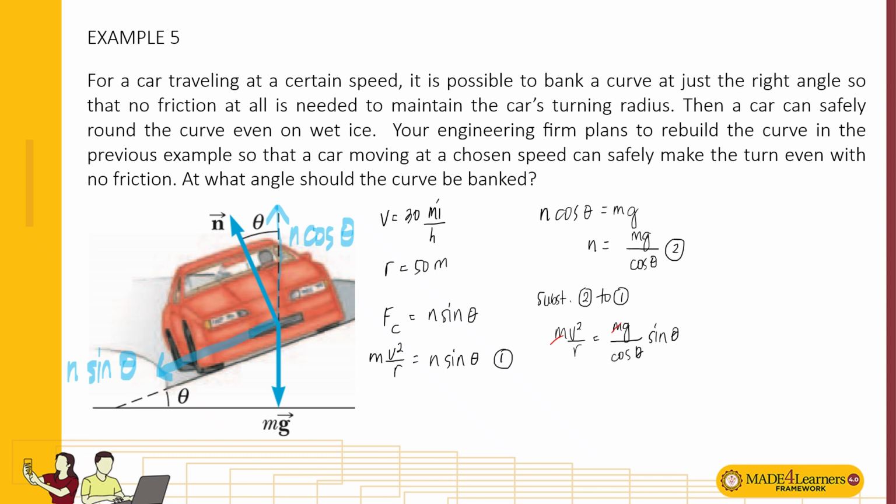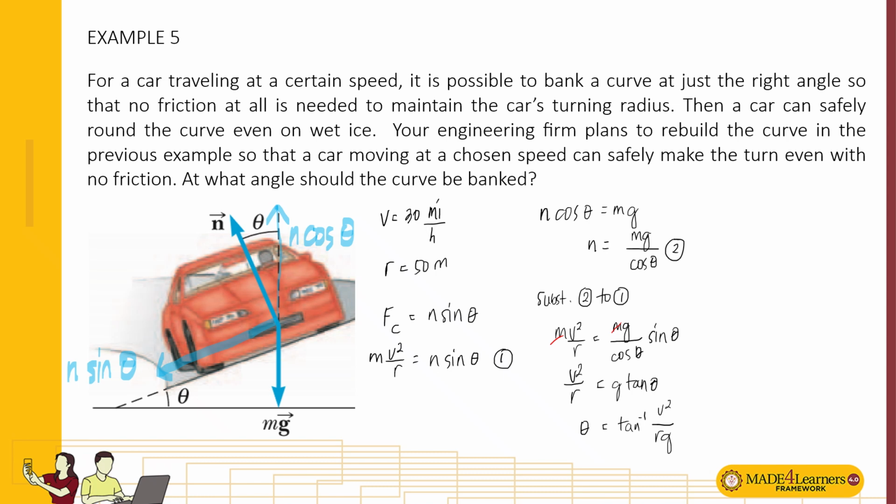We have two trigonometric functions, sine and cosine, so the ratio is equal to tangent. So it's g tangent theta equals v squared over r. To solve for angle theta, we need to get the arctangent of v squared over r times g. Multiplying the whole equation by g, g is transferred here, multiplied to r, and we get the arctangent of v squared over rg.